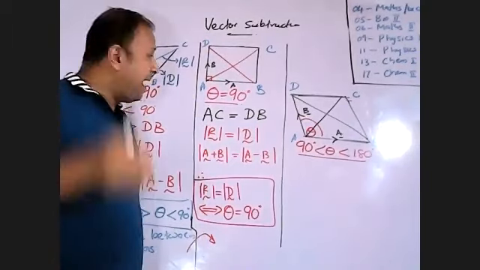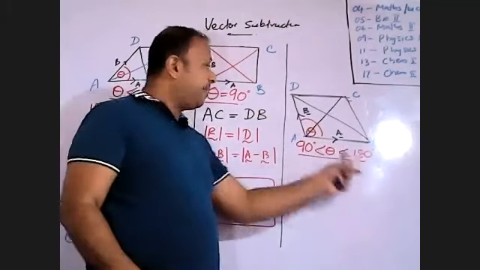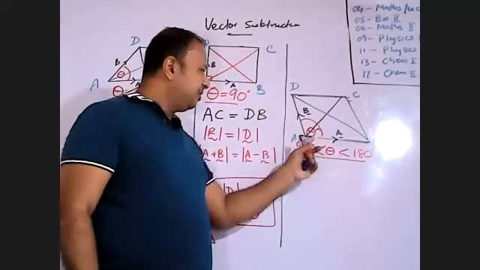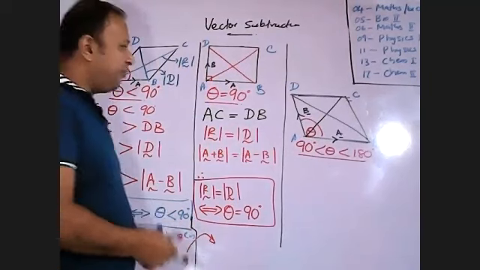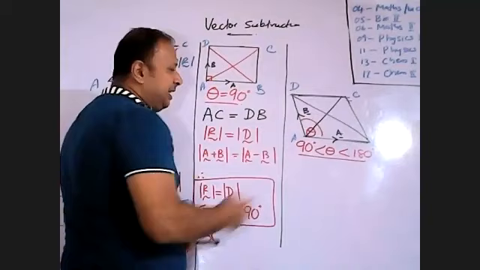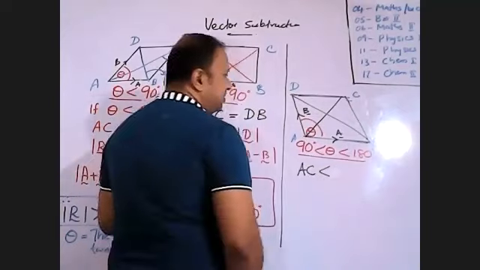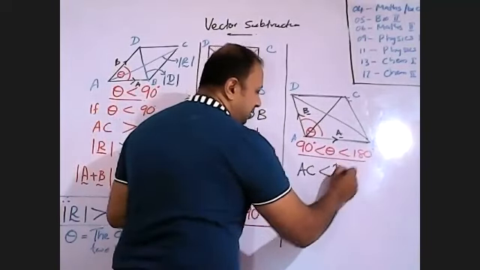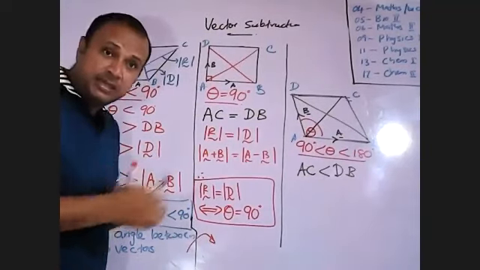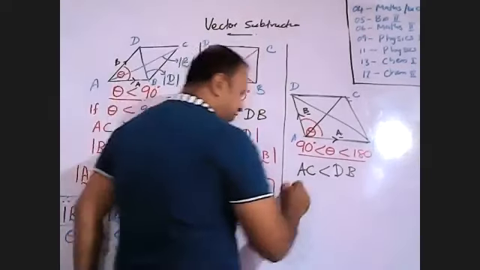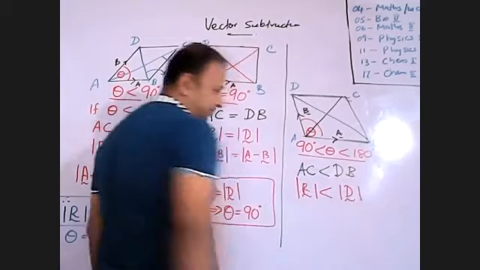Therefore, if the magnitude of resultant is lesser than the magnitude of difference, that means theta should be an obtuse angle. Therefore, if we are given this kind of diagonal, that means definitely AC length is smaller than that of DB.